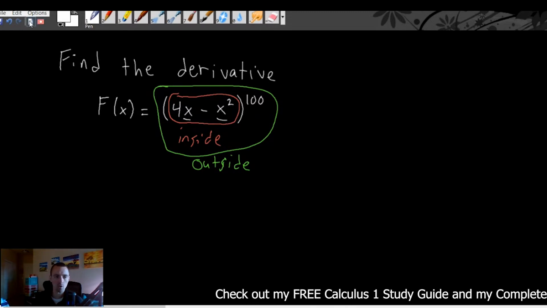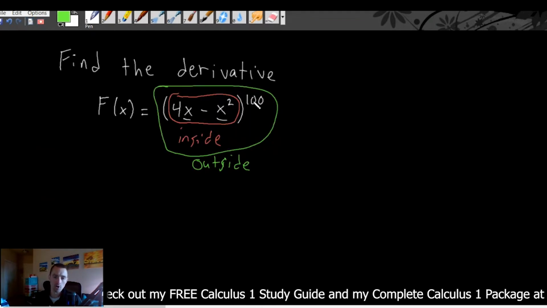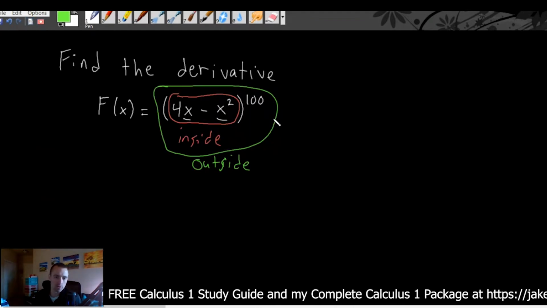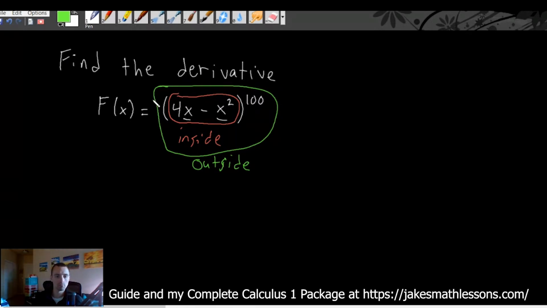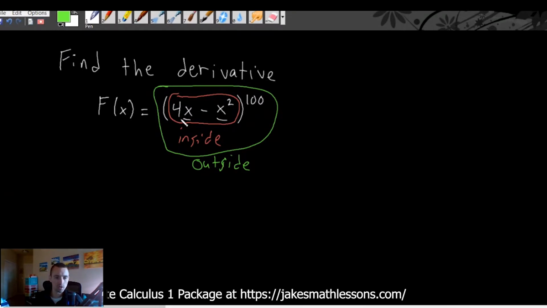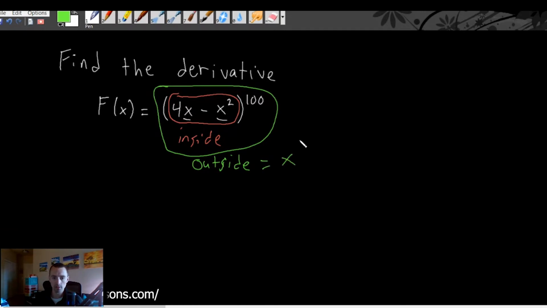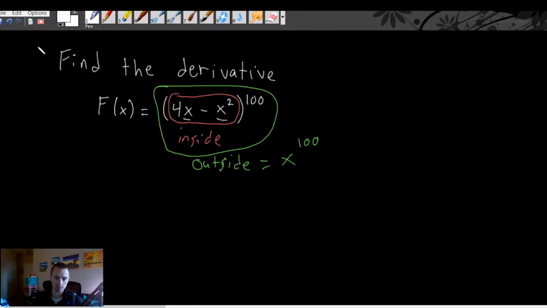But the function we want to treat as our outside function is not just 100, right? We can't just say 100 is our outside function. What we need to do is look at the entire outside and inside function combined, and replace just our inside function with your variable, with x. So if we replace everything inside the parentheses here with x, we would be left with x to the 100th power. So x to the 100th power is what we want to think of as our outside function.